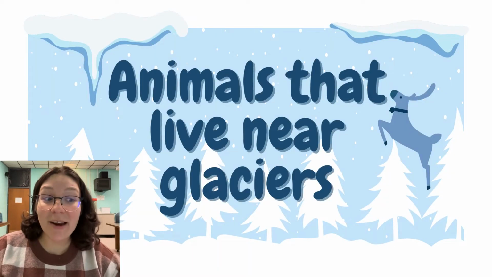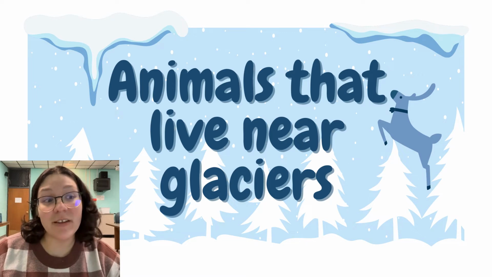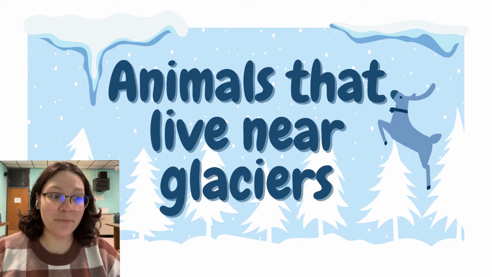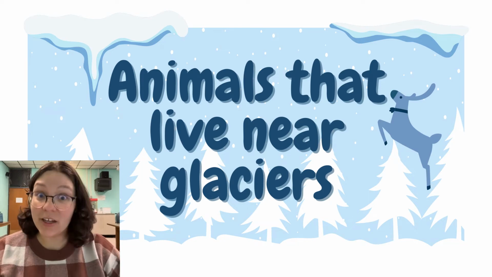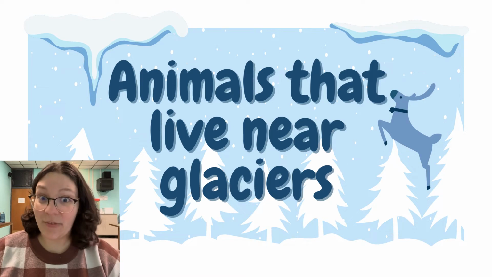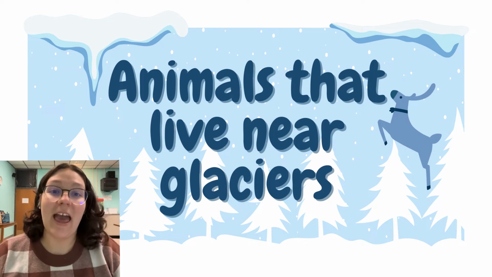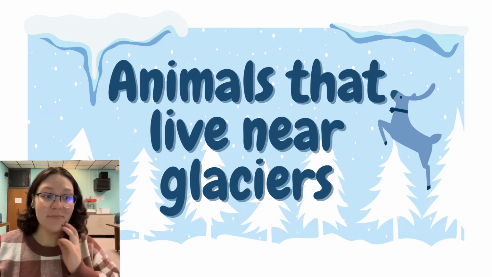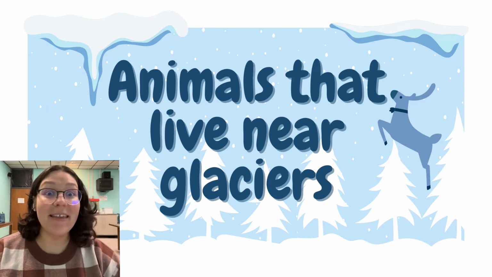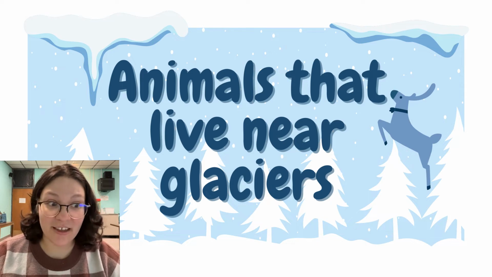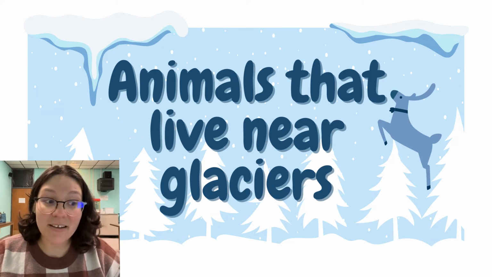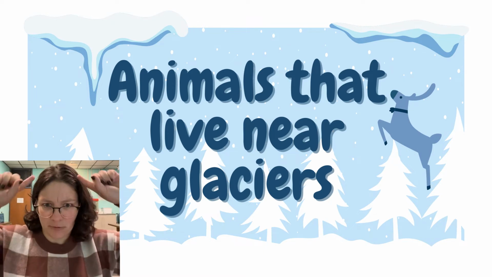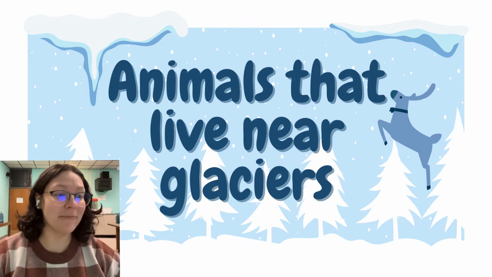So, there are quite a few different types of animals that live near glaciers all over the world. The most common mammals are ungulates, which is a certain kind of animal that has split hooves, and the ones that we see the most are cows and deer. But there are other kinds, too, that are really common near glaciers, including reindeer, musk ox, bison, mountain goats, and those big horned sheep that have really big horns.